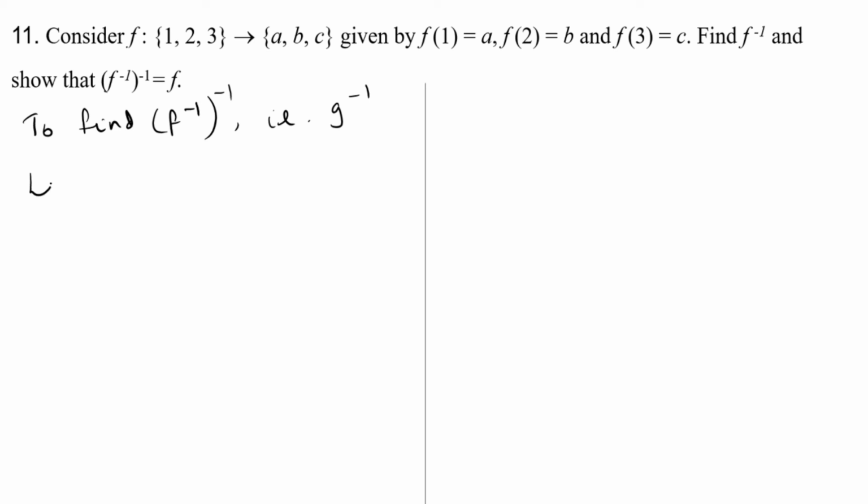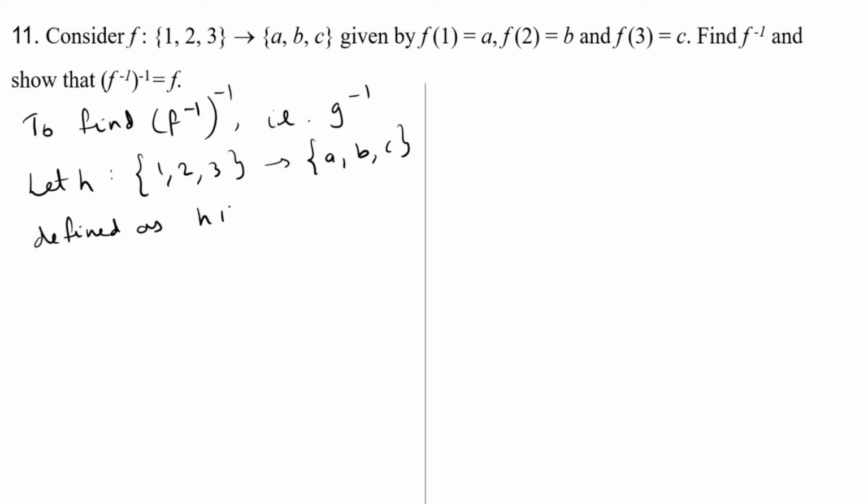So, let us define a function h from the set {1, 2, 3} to the set {A, B, C} as h of 1 is equal to A, h of 2 is equal to B and h of 3 is equal to C.